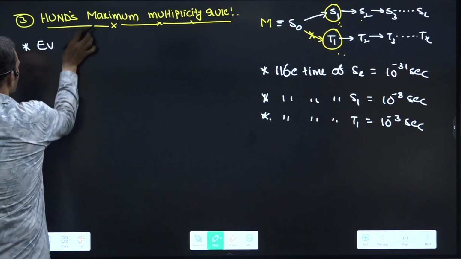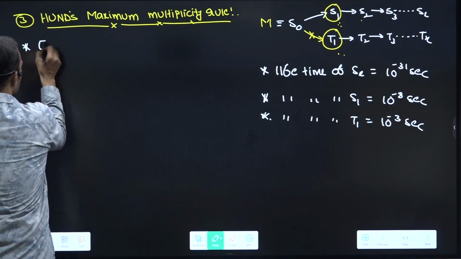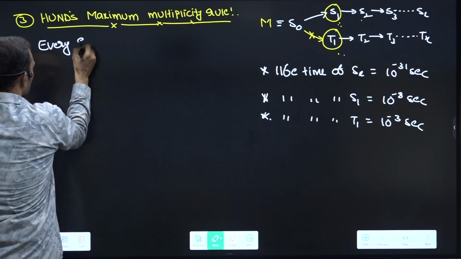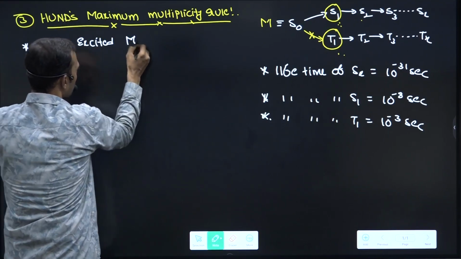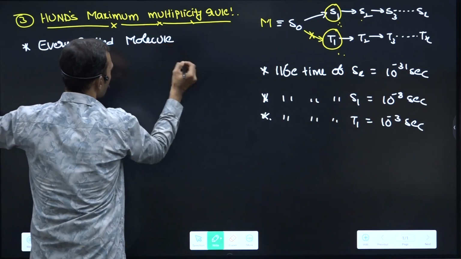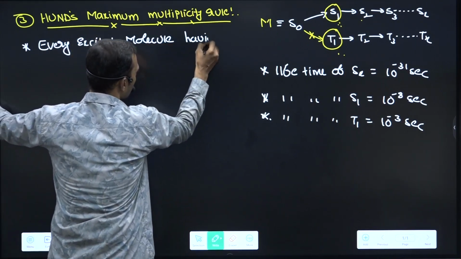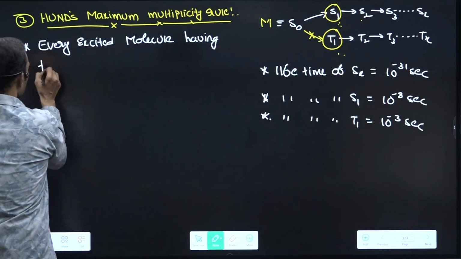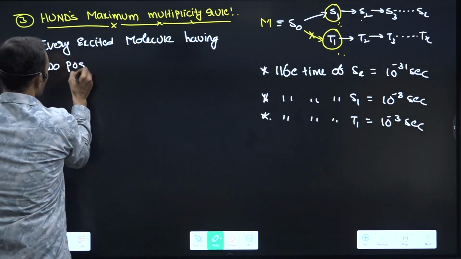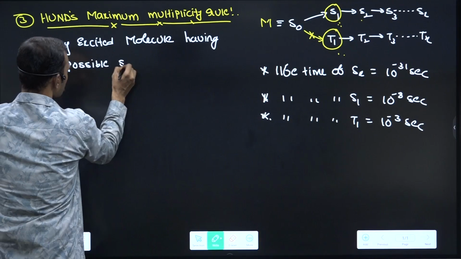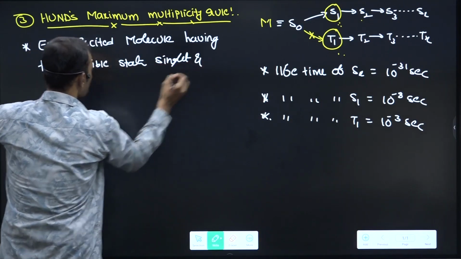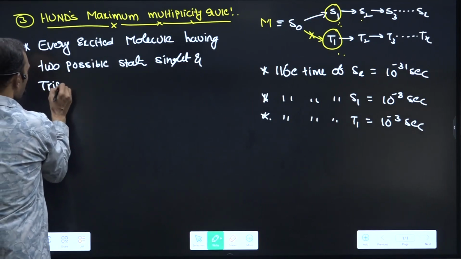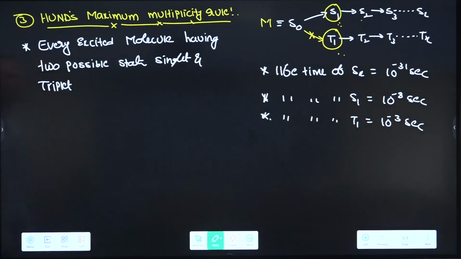See, every excited molecule has two possible states, singlet and triplet.